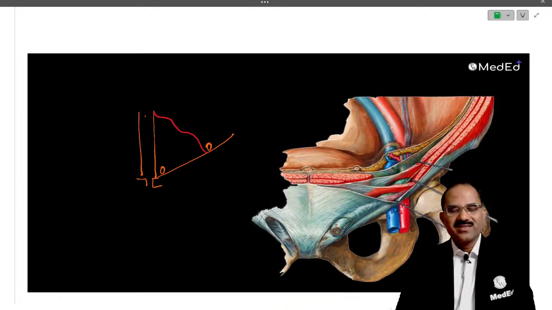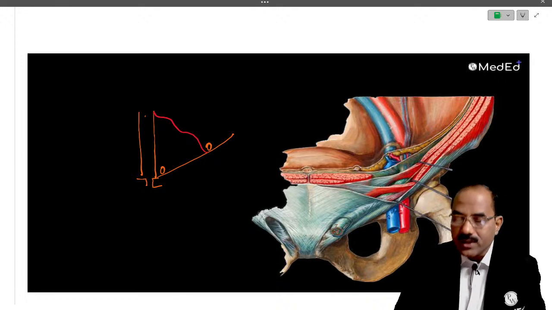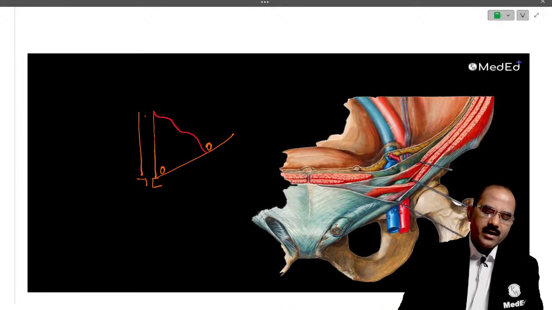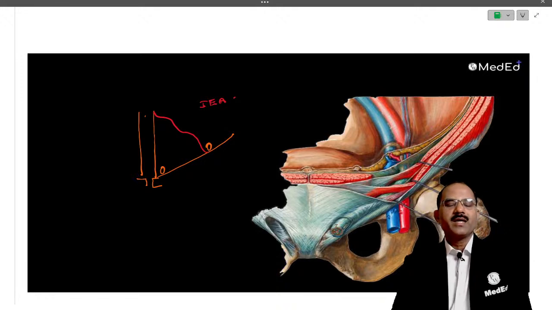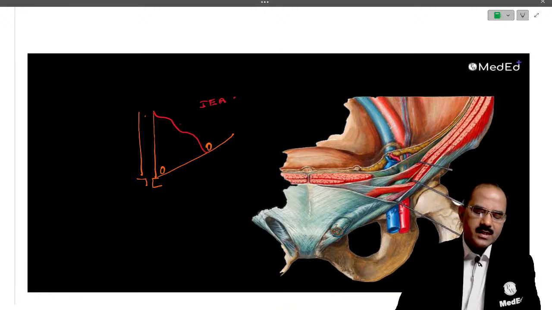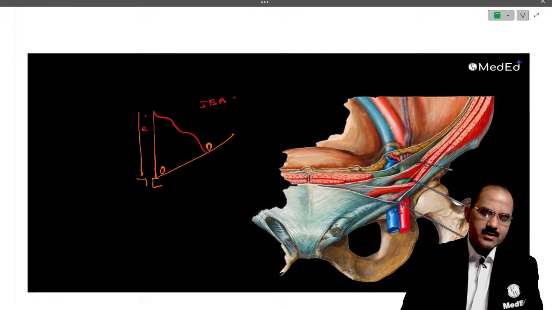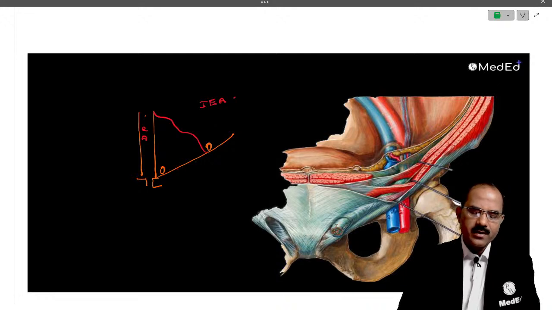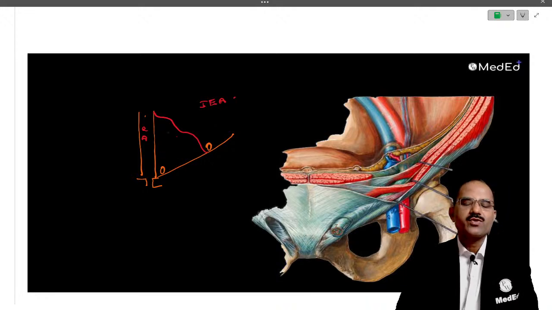What is this red structure that I've drawn, which is medial to the deep inguinal ring? That's the inferior epigastric artery. This becomes Hesselbach's triangle.